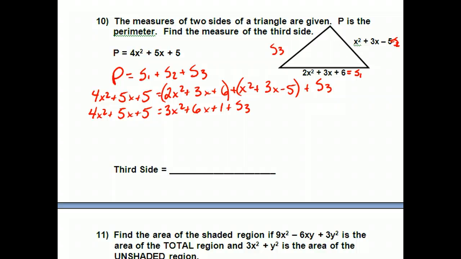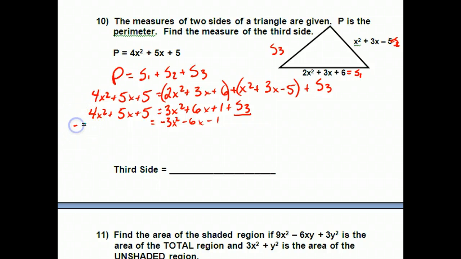So let's go and finish it off and isolate. I want to isolate for this variable, so I'm going to subtract these terms from both sides to make them 0 on this side and bring them to the other side. So minus 3x squared, minus 6x, minus 1. And I'm going to do the same to this side of the equation so that I keep my equation balanced.